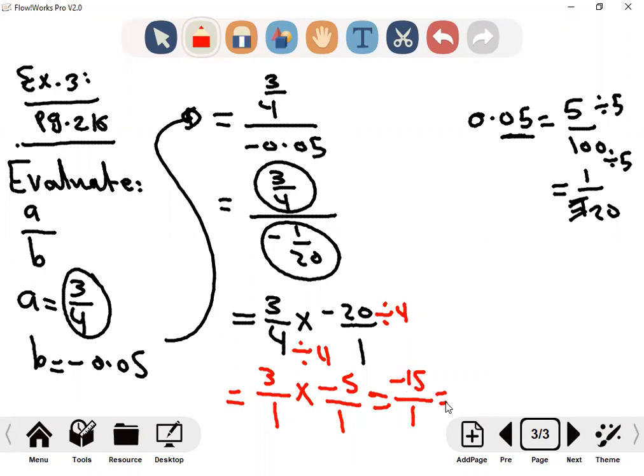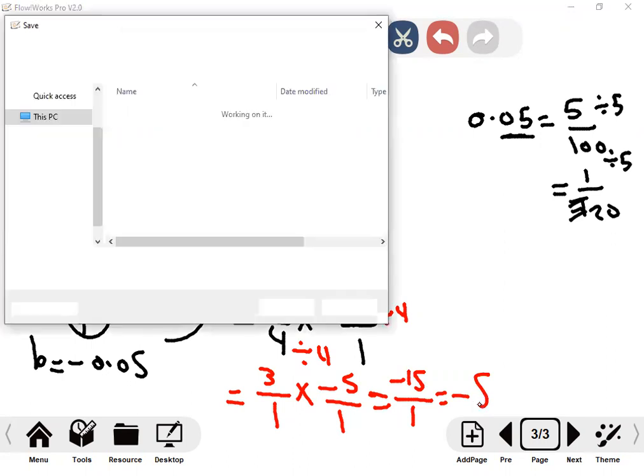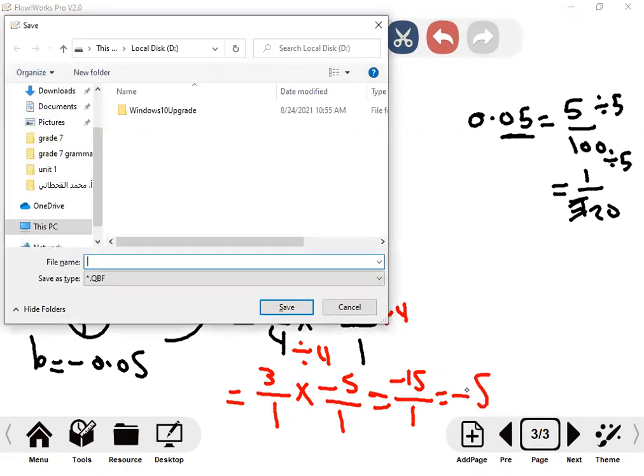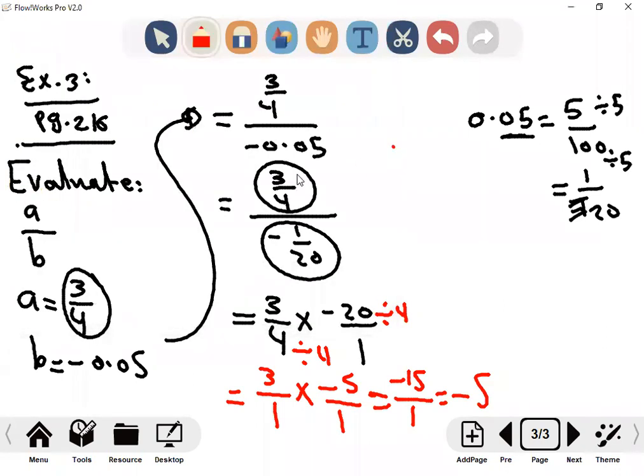Now, negative divided by 1, negative, right? 15 divided by 1, 15. So the answer is what? Negative 15, not 15. Okay?